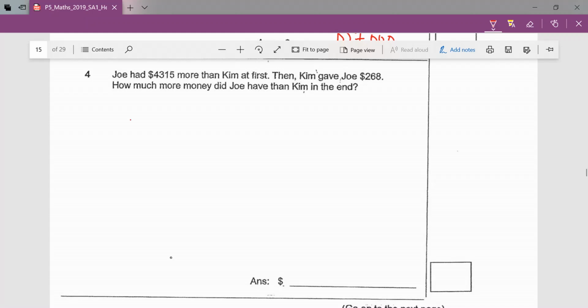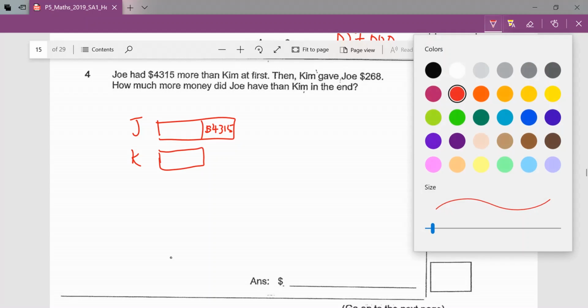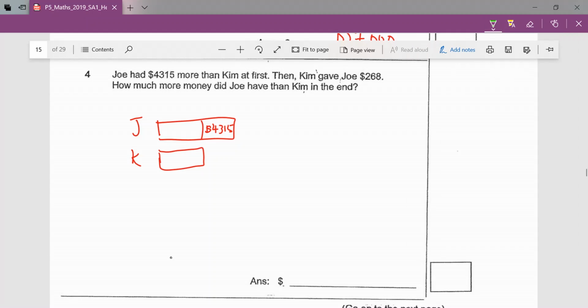Why? If you want to know why, you will see it from the diagram over here. Joe had this amount more, right? $4,315 more than Kim. Okay, and then Kim gave Joe 268. So this one no more. This one no more. Move here.